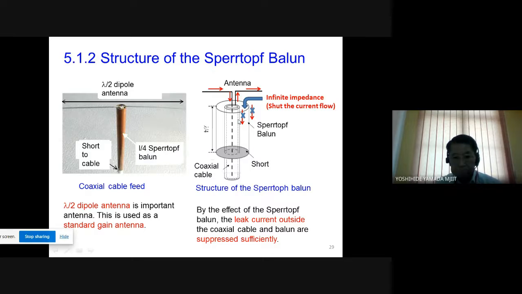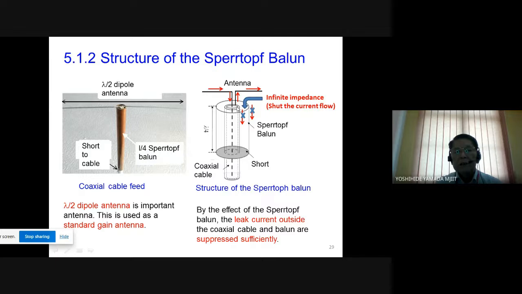So the leakage current is also shut down. Inside, no current. So this leakage current flow is also suppressed.